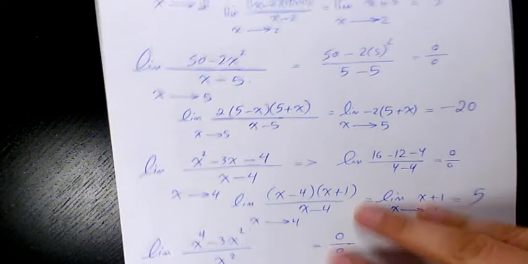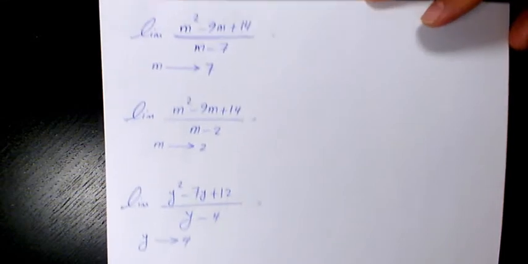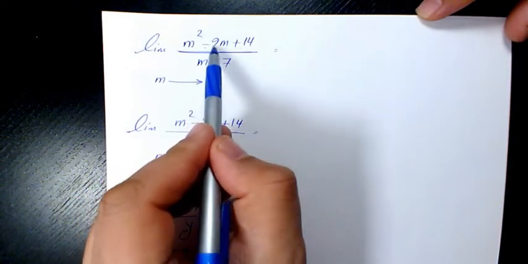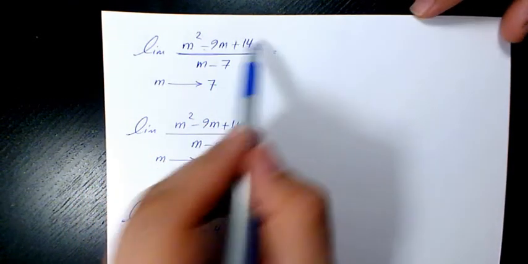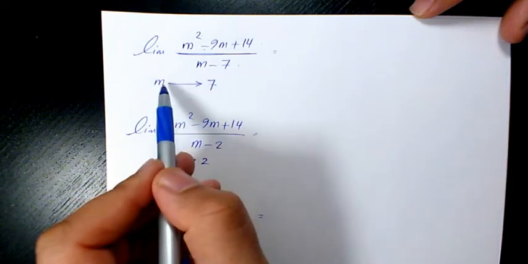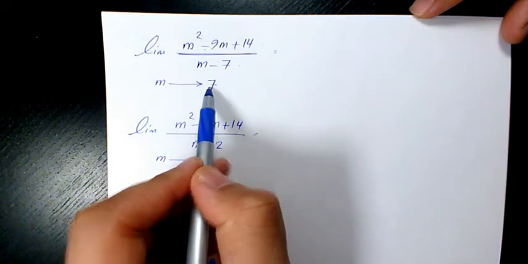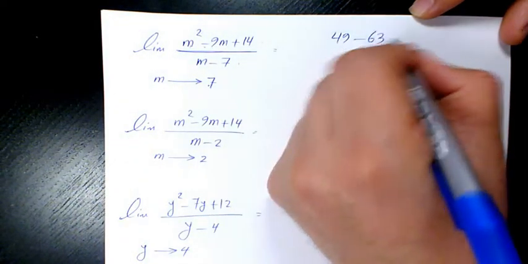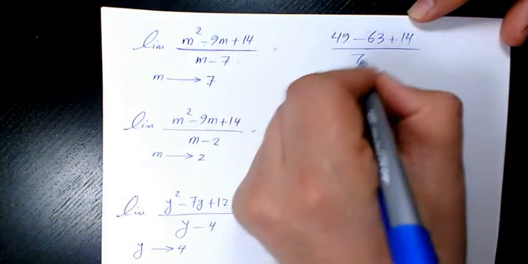Next one. It's getting harder and harder. The limit of m squared minus 9m plus 14 over m minus 7 when m approaches 7. When you substitute there, it's going to be 49 minus 63 plus 14 over 7 minus 7.